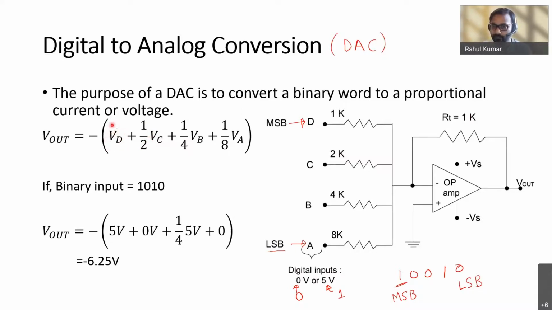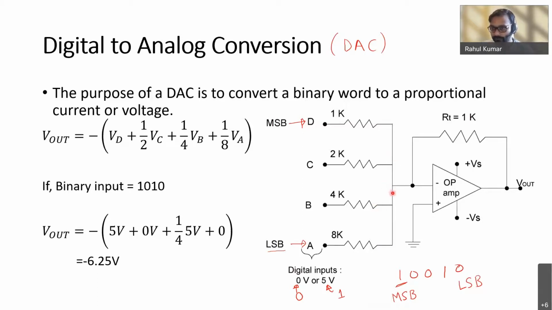Similarly, the most significant bit, or the voltage at the D input, is not attenuated. Its voltage is not changed, right?